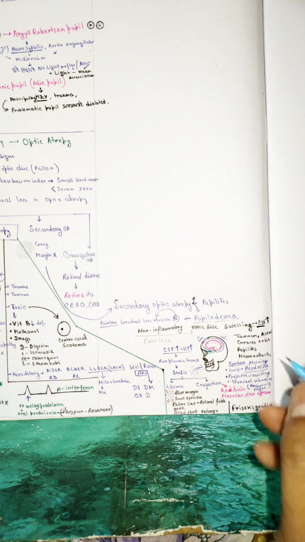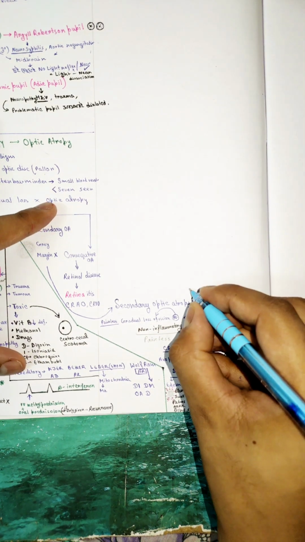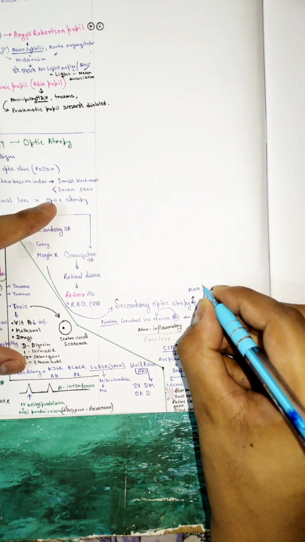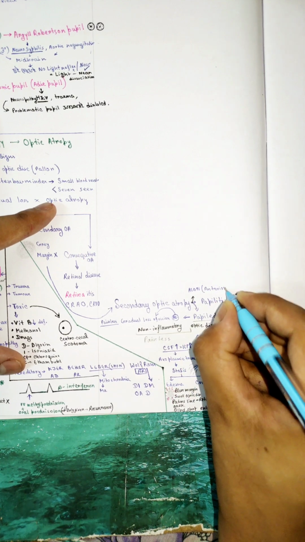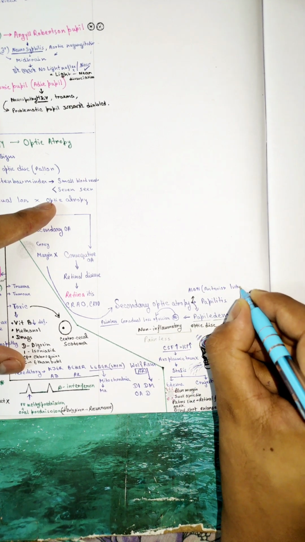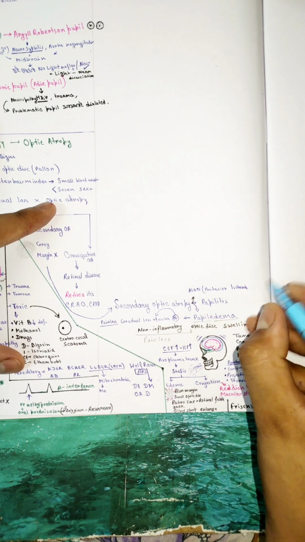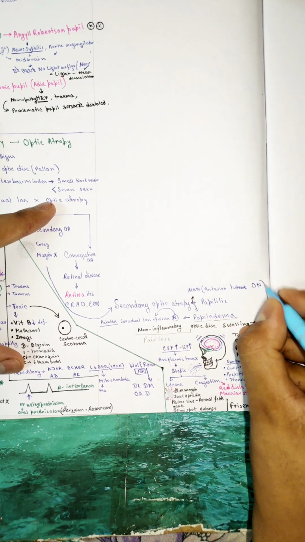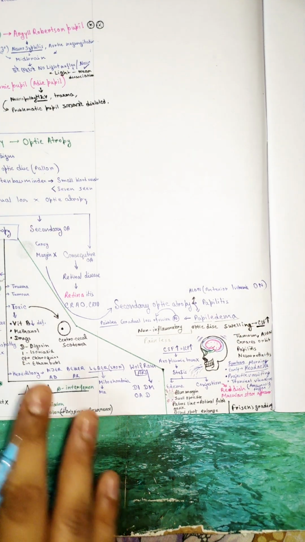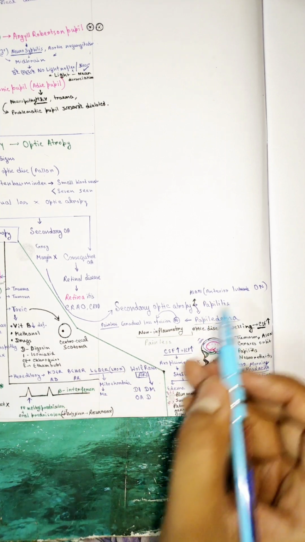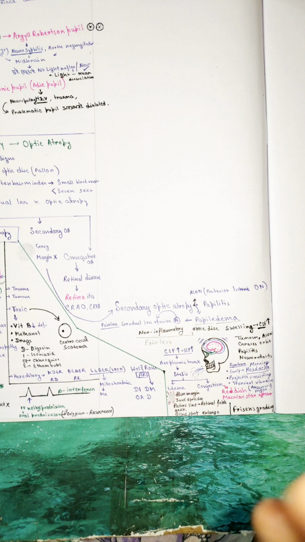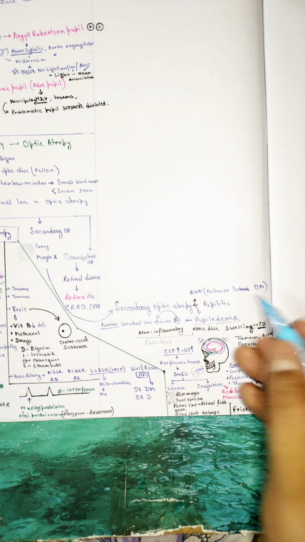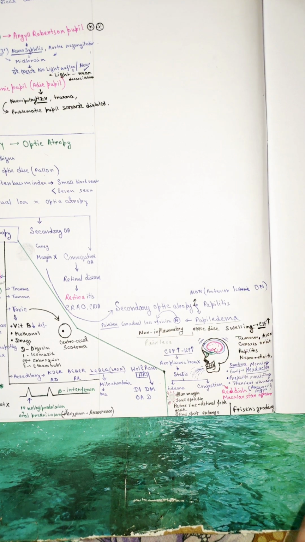AION is anterior ischemic optic neuropathy. Optic neuropathy, and it is anterior, that means ultimately it is an optic disc problem, and ischemic means it is a blood supply problem.